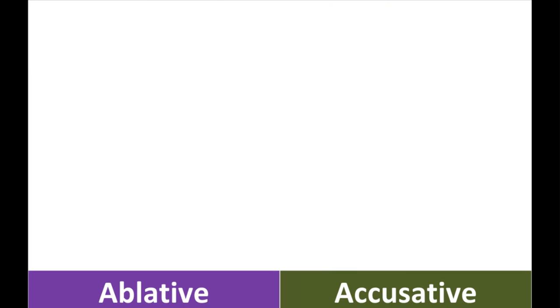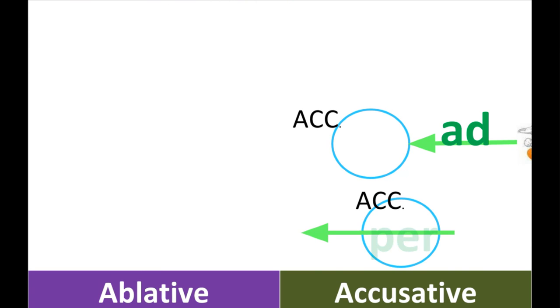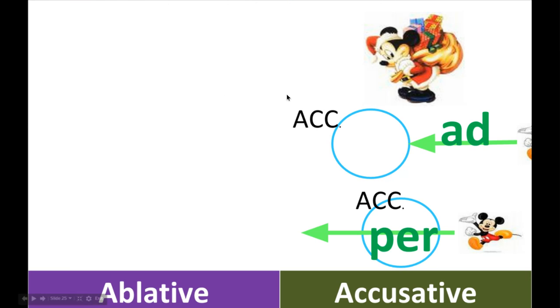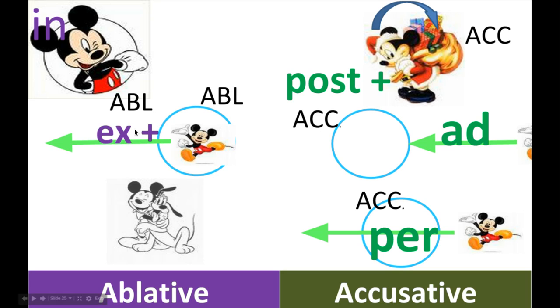Finally, as we look at some more phrases, we have here, of course, ad plus accusative limit phrase we've learned, per plus accusative through phrase. Now we're learning about the post plus accusative after phrase, or behind. In plus ablative is a place phrase. Ex plus ablative is a source phrase.